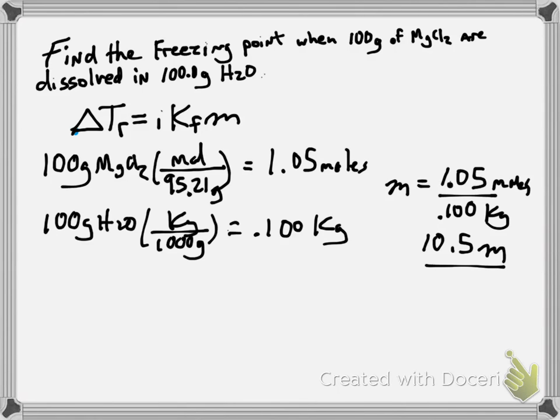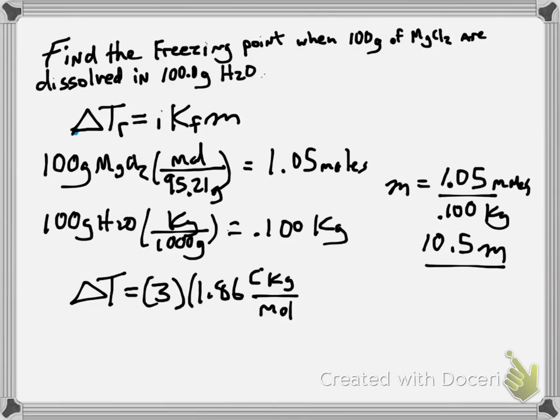So now that we have our molality, if we look at the equation, we can plug in what we know. The i in the equation is the van 't Hoff factor, and according to this equation it's going to be 3 because we're going to get 1 magnesium and 2 chloride ions from this. The value for Kf for water is 1.86 degrees Celsius kilograms per mole.